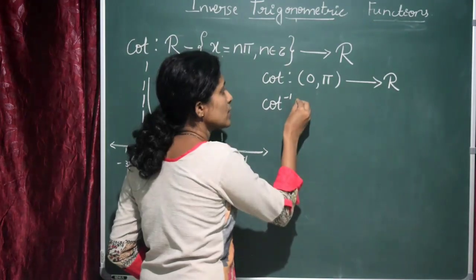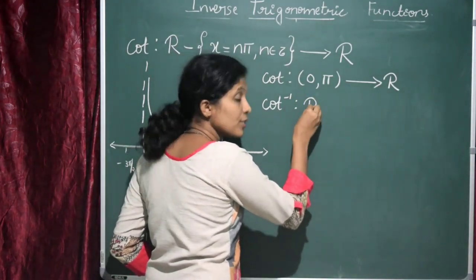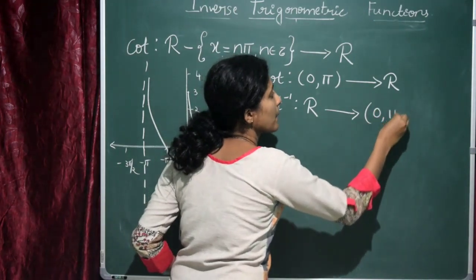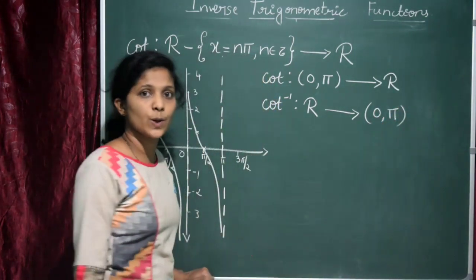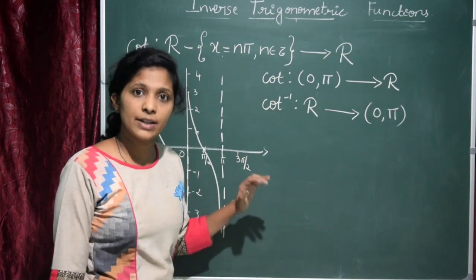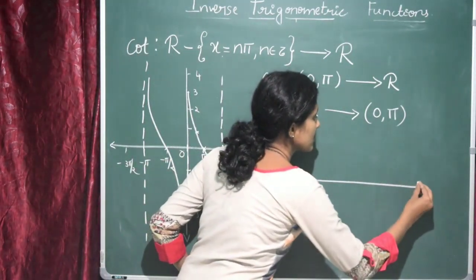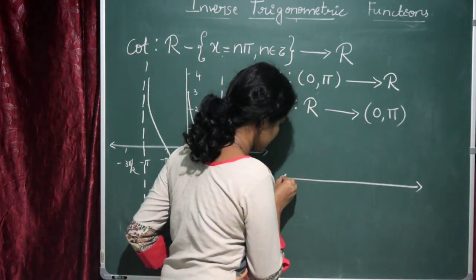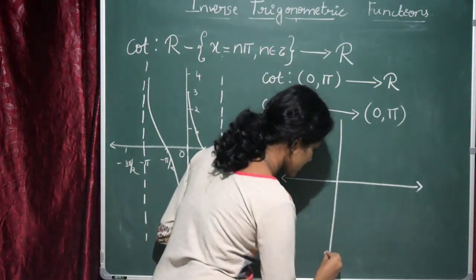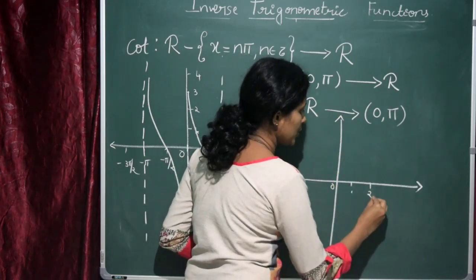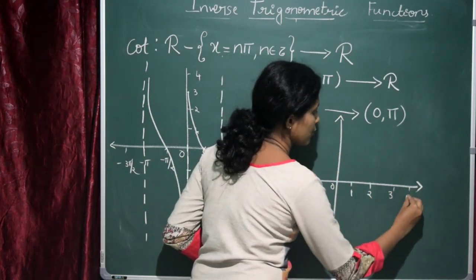Cot inverse will be a function from the set of all real numbers to the open interval 0, pi. Now we'll see the graph of this cot inverse function. Let me consider the axes. Y-axis. Here set of all real numbers 0, 1, 2, 3, 4 and so on.